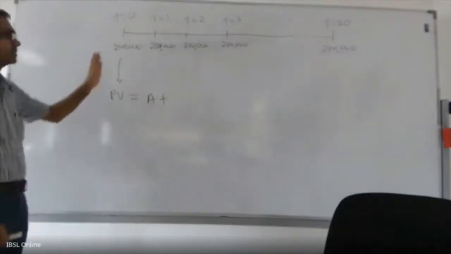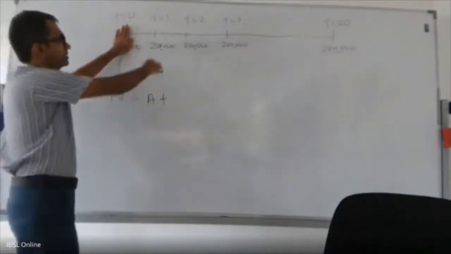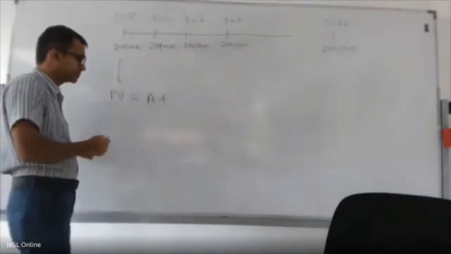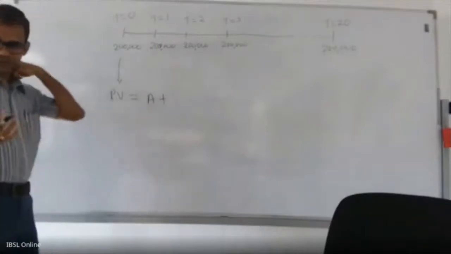Likewise, but then there are only 19 cash flows. We can use the present value of the ordinary annuity.